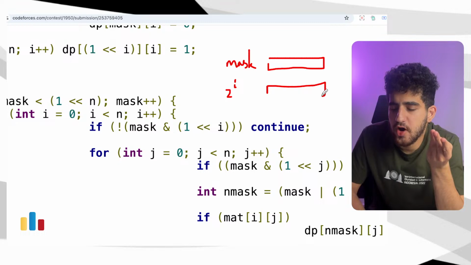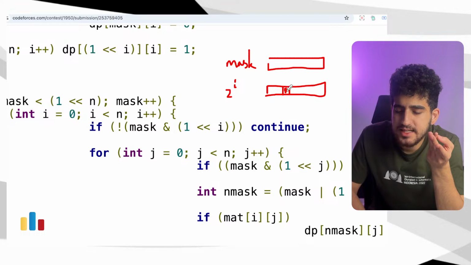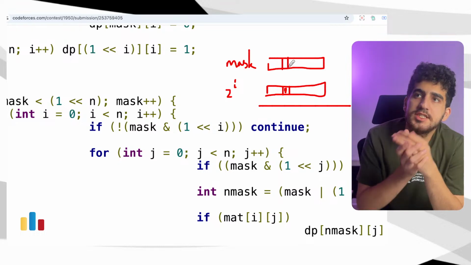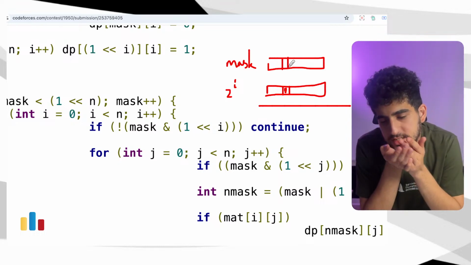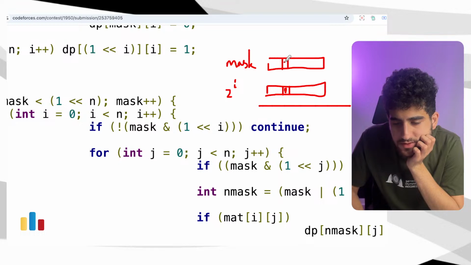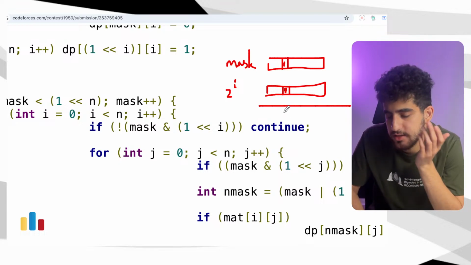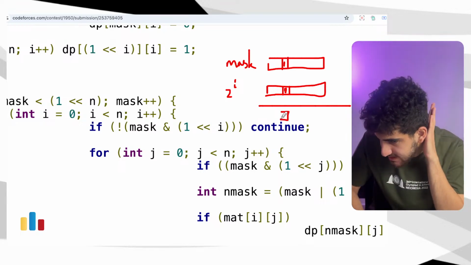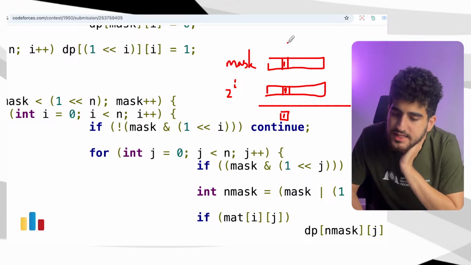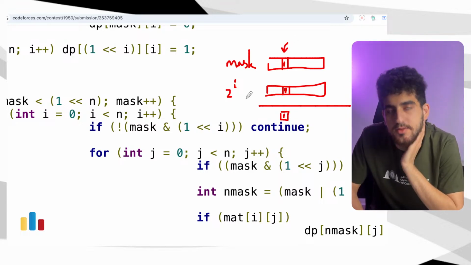Its bit number I is 1. The rest of the bits are 0. So if the result is 0, it means that this bit was 0 in mask. If the result was non-zero, equal to 2 to the power of I, it means that this bit was 1. So the AND of these two values is non-zero if and only if this bit in mask is non-zero.